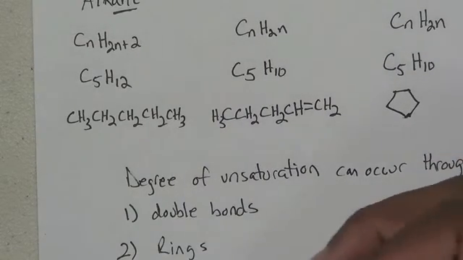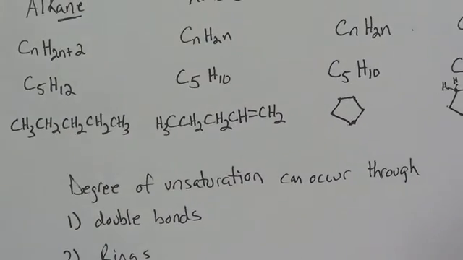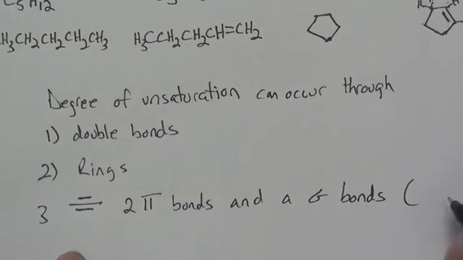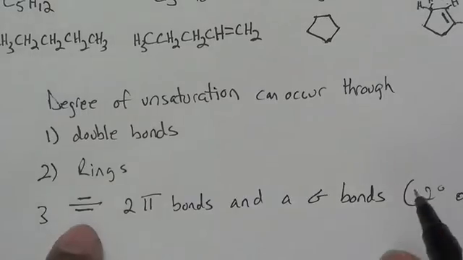Okay, so you have degrees of unsaturation there. You can have 2 degrees of unsaturation in a triple bond. So this particular example gives you 2 degrees of unsaturation, which we're going to see in a second. We're going to go further into this triple bond thing.